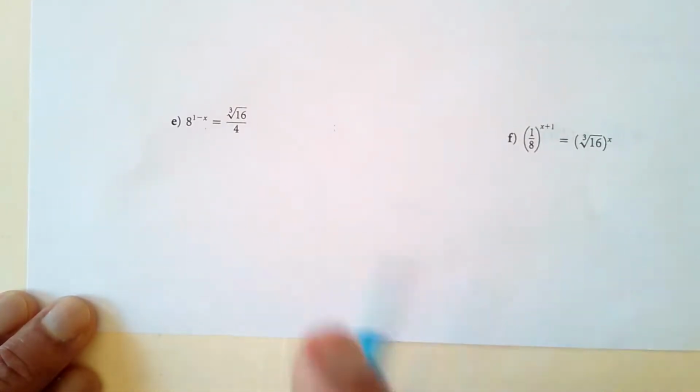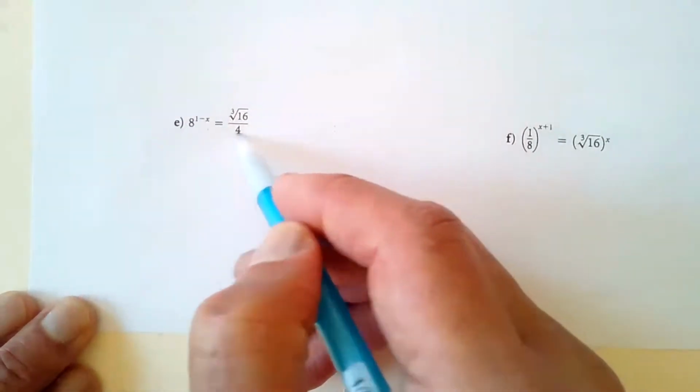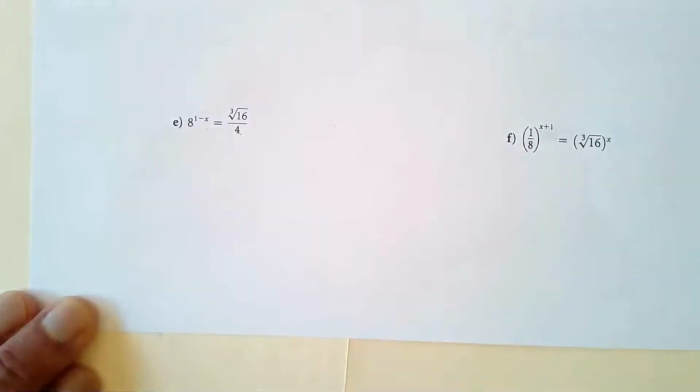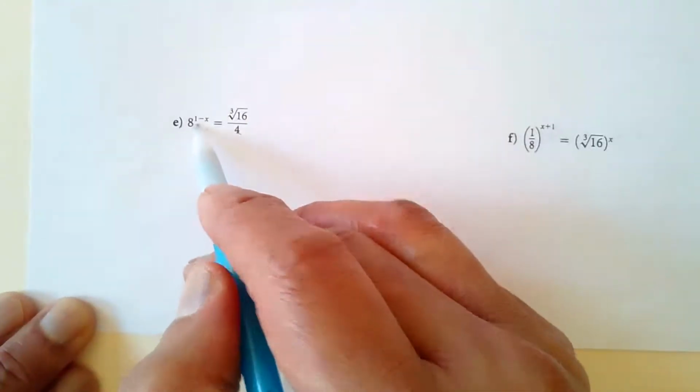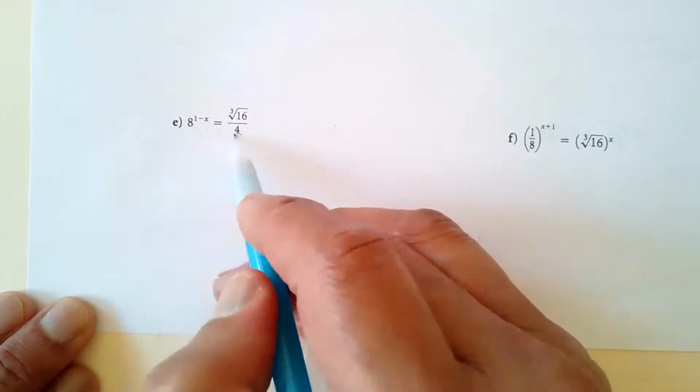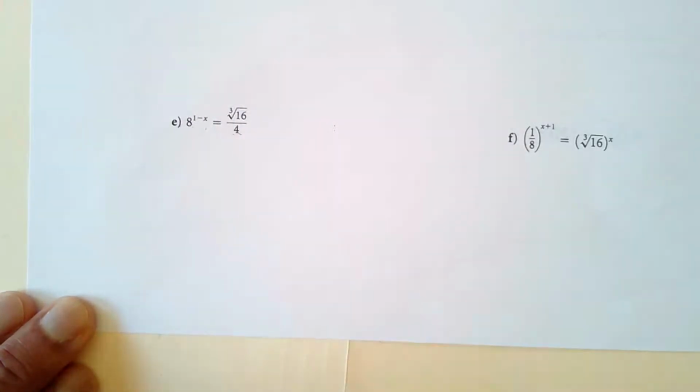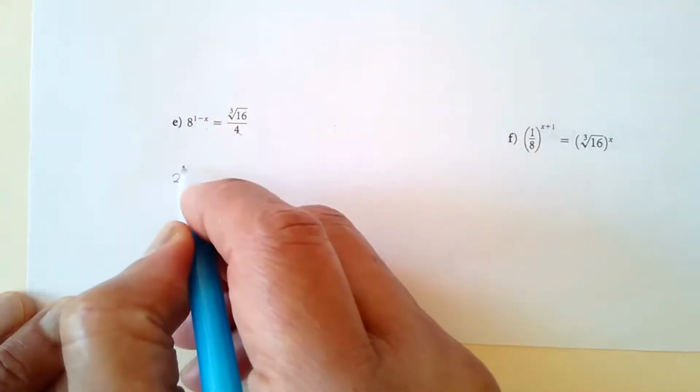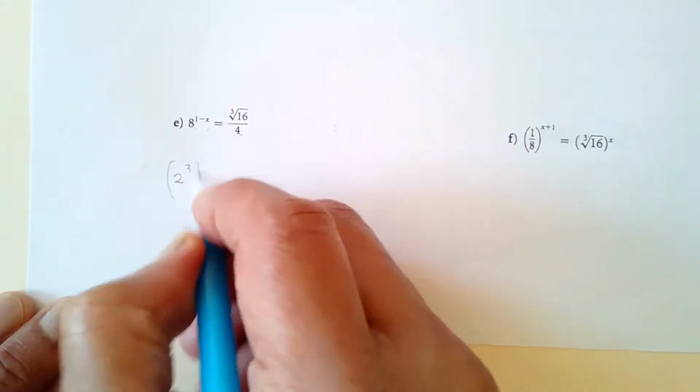If you look at E, what we want to do is make this 4, which can be written as an exponent of 4. So we have to make this all exponent of 2. This becomes 2 to the power 3.